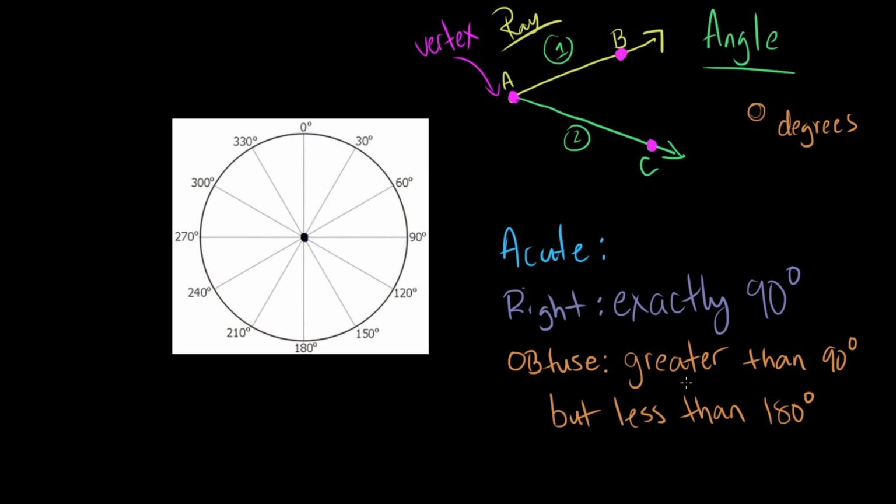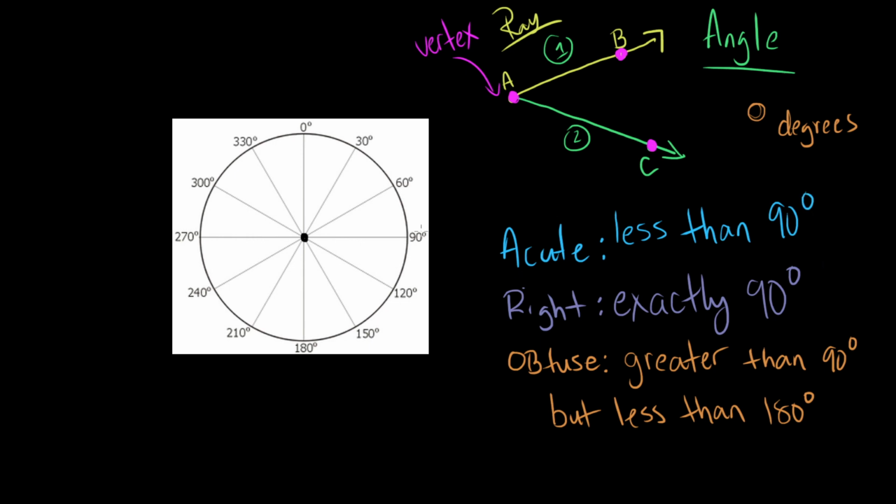Well, if we have angles that are greater than 90, and angles that are exactly 90, I bet you can figure out what an acute angle is. An acute angle is less than 90 degrees. Okay?